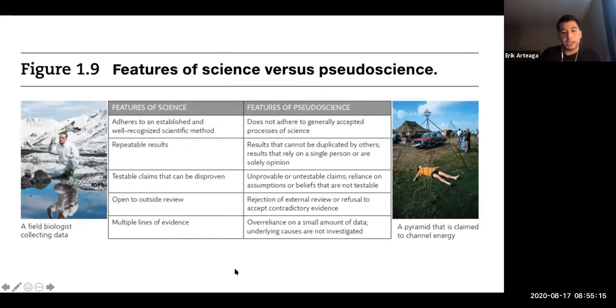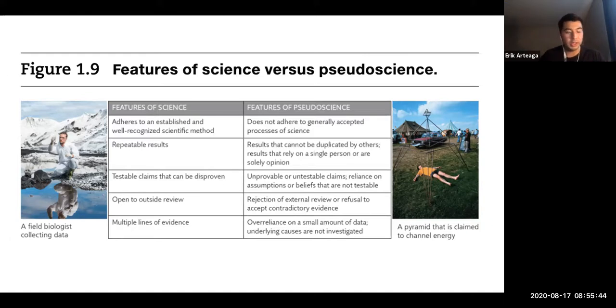So, features of science versus pseudoscience. I mentioned pseudoscience before, and the best example I can give you is when you go online and see those products making unsubstantiated claims: drink this powder, drink this tea, and you'll get taller, you'll get way more energy, you'll shed 20 pounds in a month, which is very unhealthy.